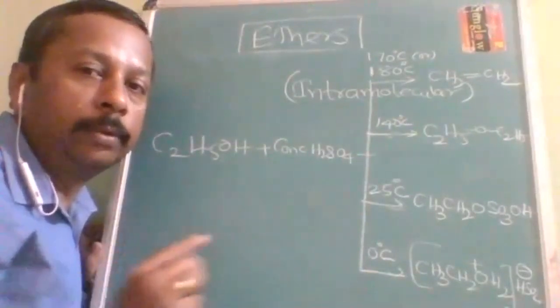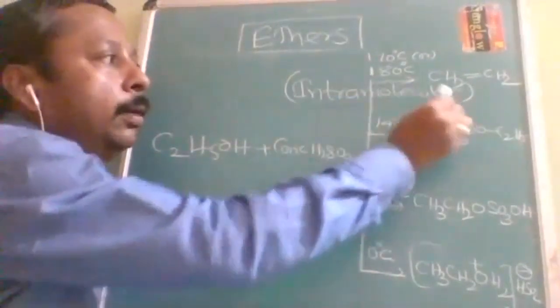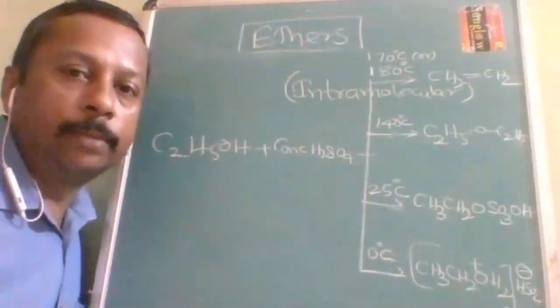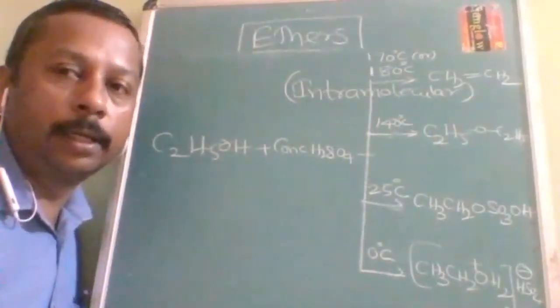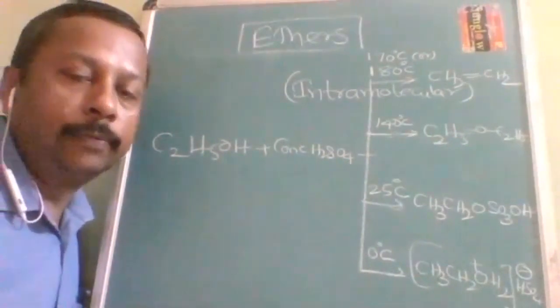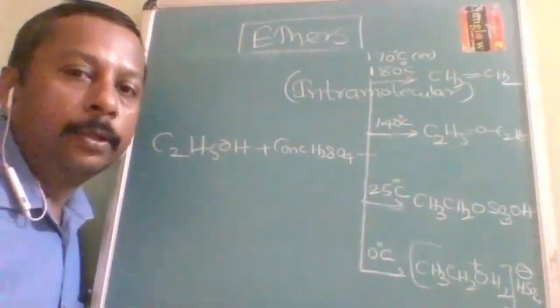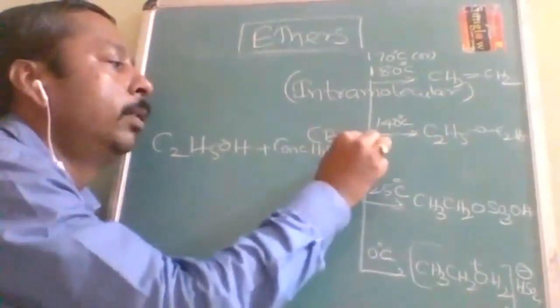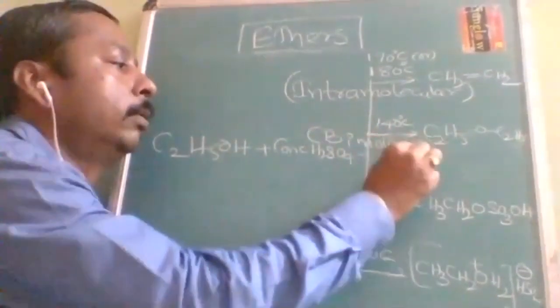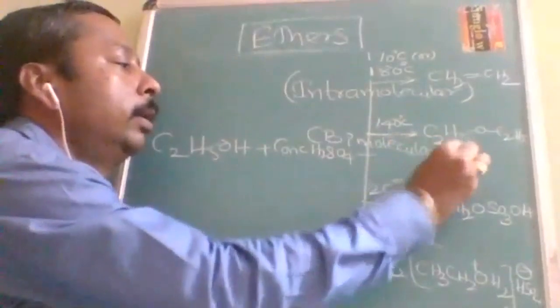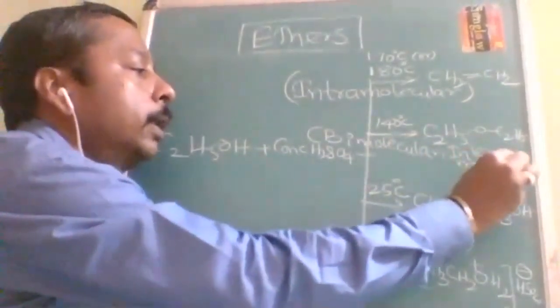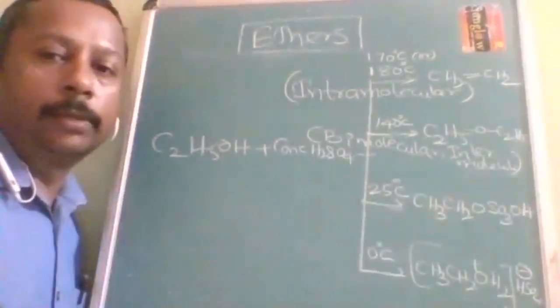At high temperature it is preferable to undergo intramolecular dehydration. If the temperature is low, then bimolecular or intermolecular dehydration occurs, where two molecules collectively lose one molecule of H2O.